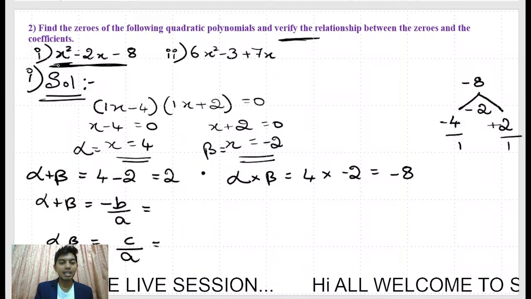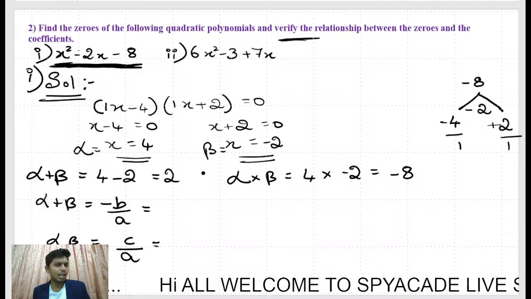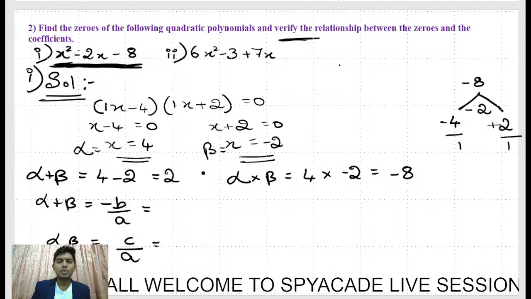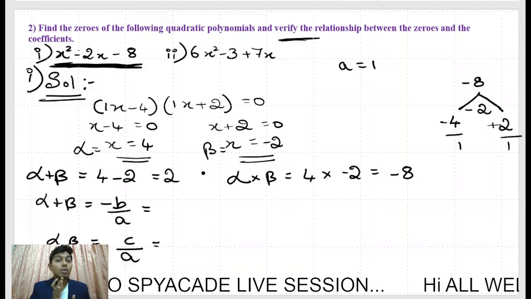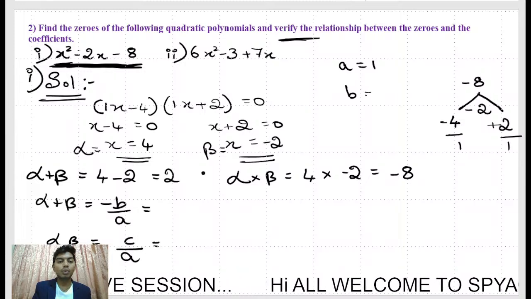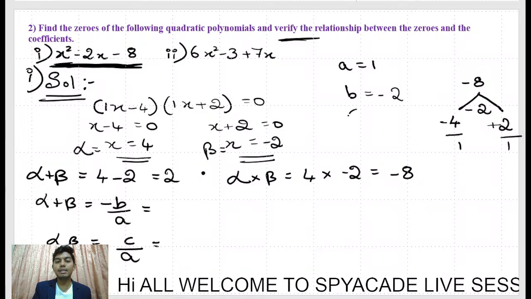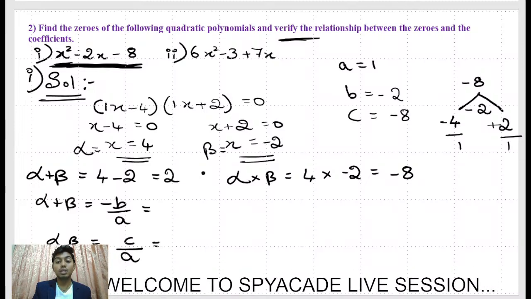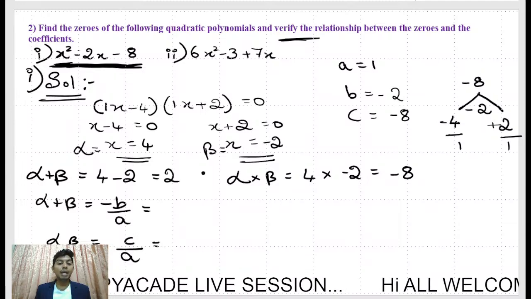So here you just look into this question, the expression which they had given, x square minus 2x minus 8. Where a is equal to 1, which is nothing but the coefficient of x square, and then b is equal to the coefficient of x, that is minus 2, and then c is nothing but the constant term, minus 8. Understood? We got the values a, b and c.